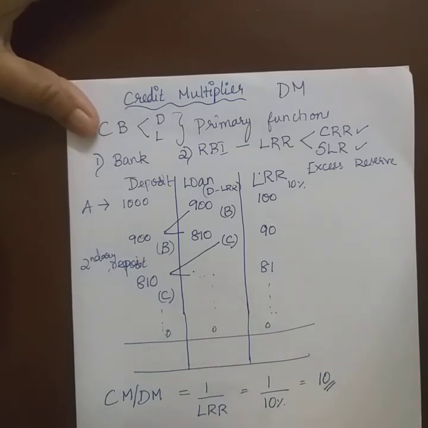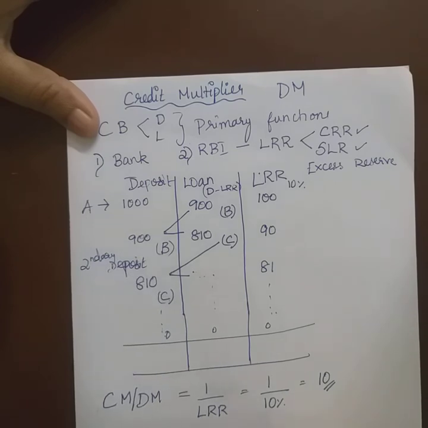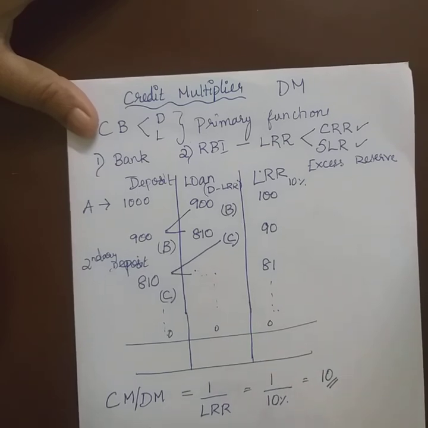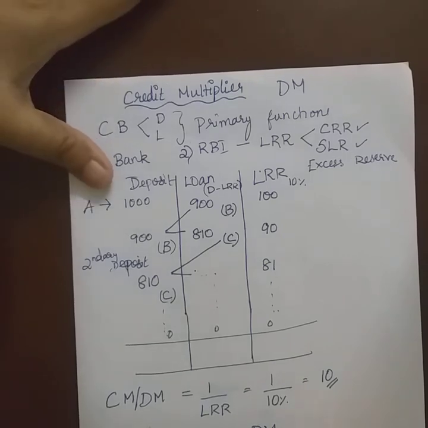So what is the entire credit creation? What is the entire amount of credit creation in the economy, or by how many times the money has multiplied? To understand this, it would be the initial deposit into the deposit multiplier, which would give you the increase in the money supply.